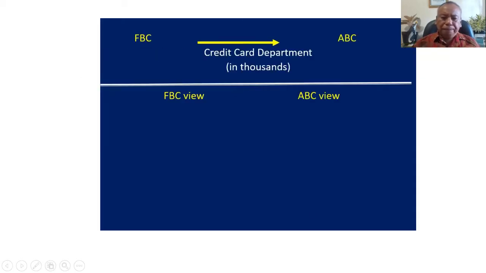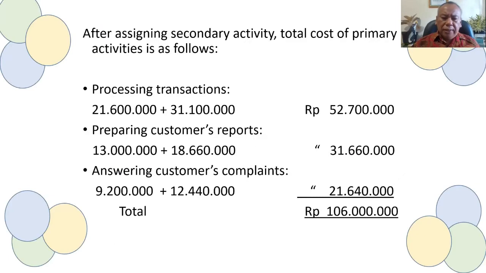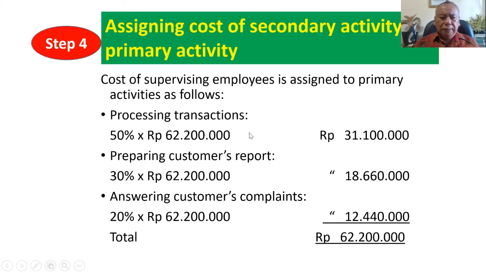And then we can allocate the secondary activity to the primary activity. The primary activity in this case is only processing transaction, preparing customer report, and answering customer complaint, using the employees' hours or working weight.